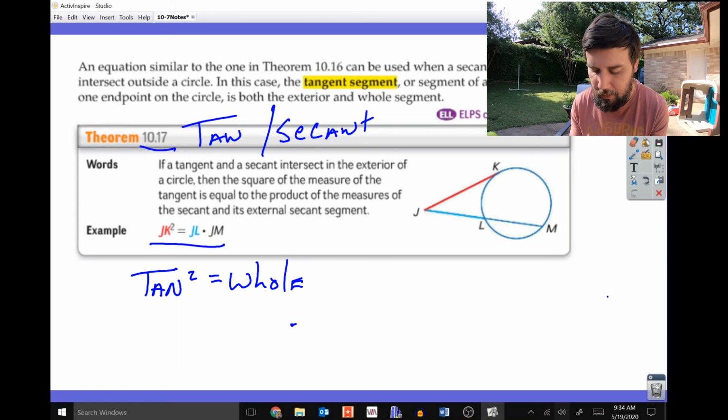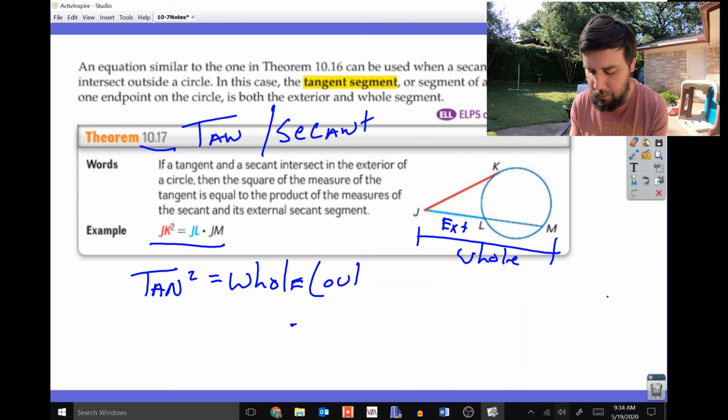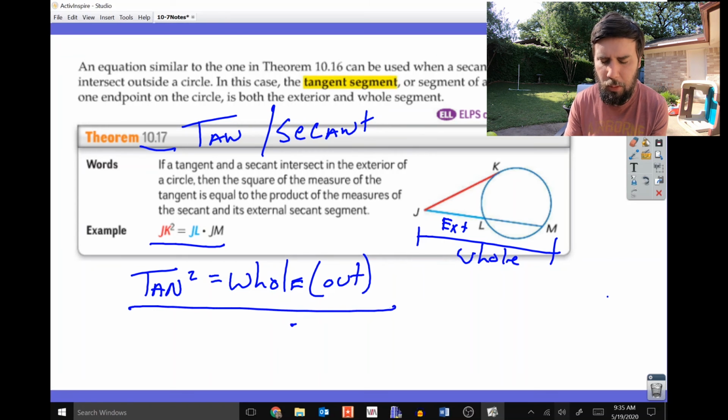The whole secant, the product of the measure of the secant times its external piece, and here's the external piece. The whole thing times the external piece, the outside piece. So there's the form we're looking at with the tangent secant theorem: tangent squared is equal to the whole secant times the exterior piece, or outside piece.